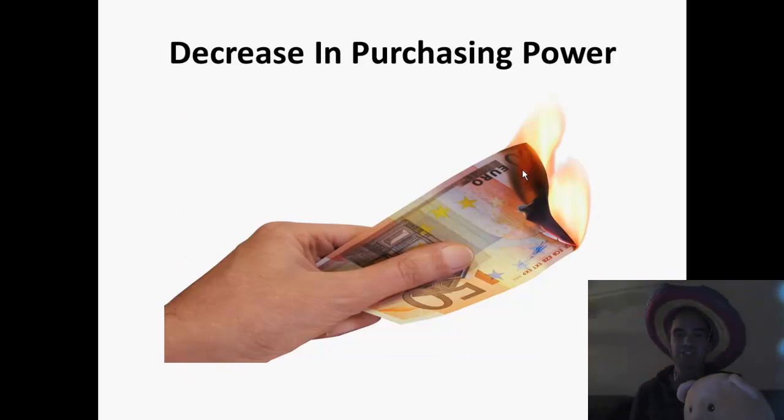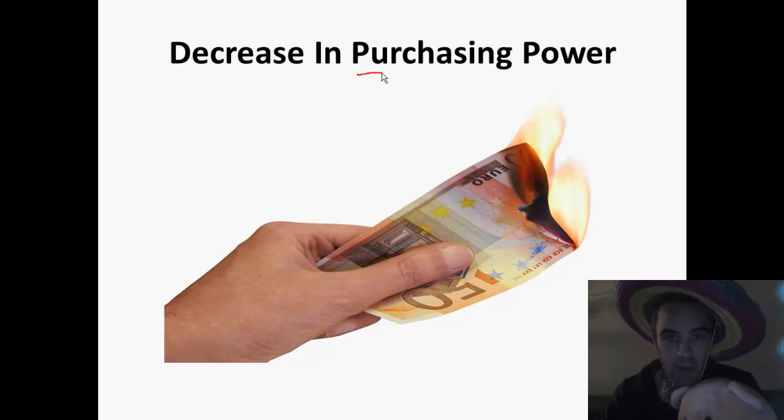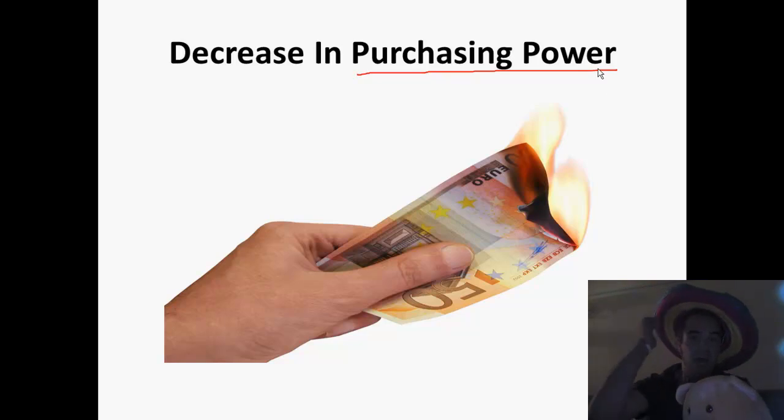Now, with inflation, there's going to be a decrease in our purchasing power. What that essentially means is that now the prices have gone up, but our income hasn't gone up as well, has it? Let's just assume that our income has stayed the same.